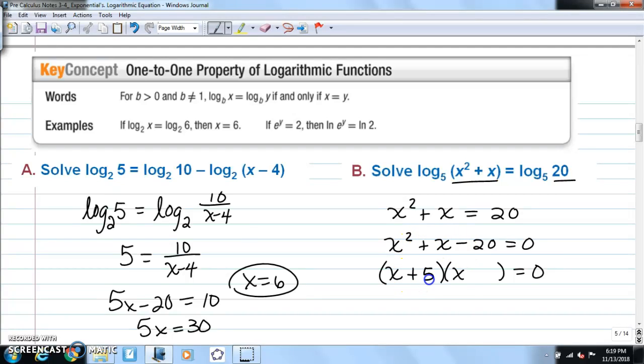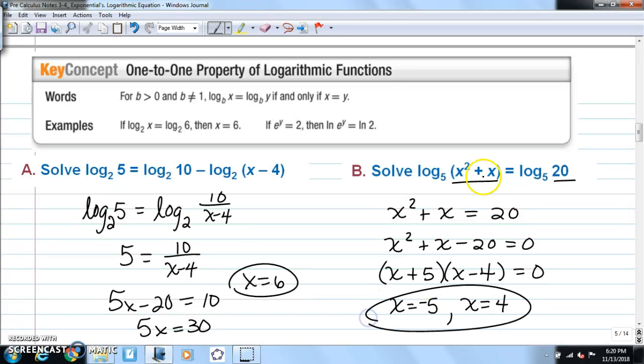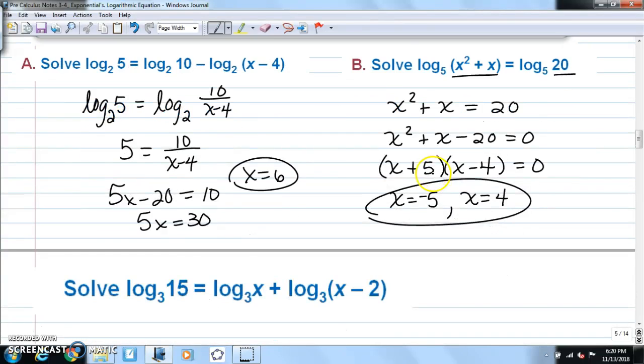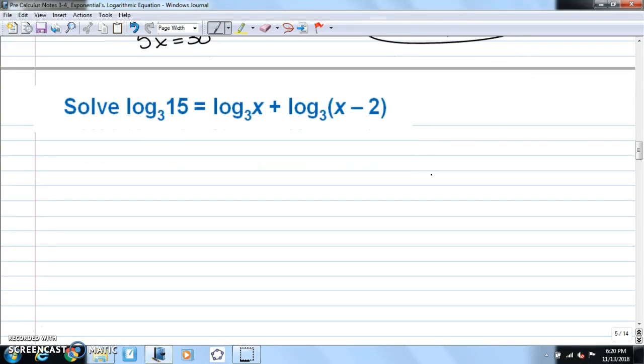Well, that'd be a plus 5 and a minus 4, right? And then solve this. x equals negative 5, x equals 4. And testing those out in there, you'll see they both work. Okay, you try this one.